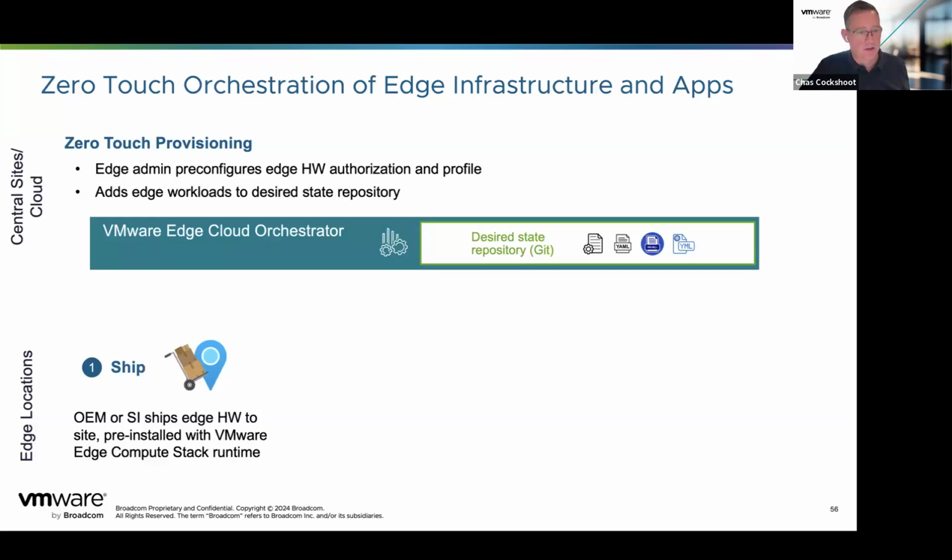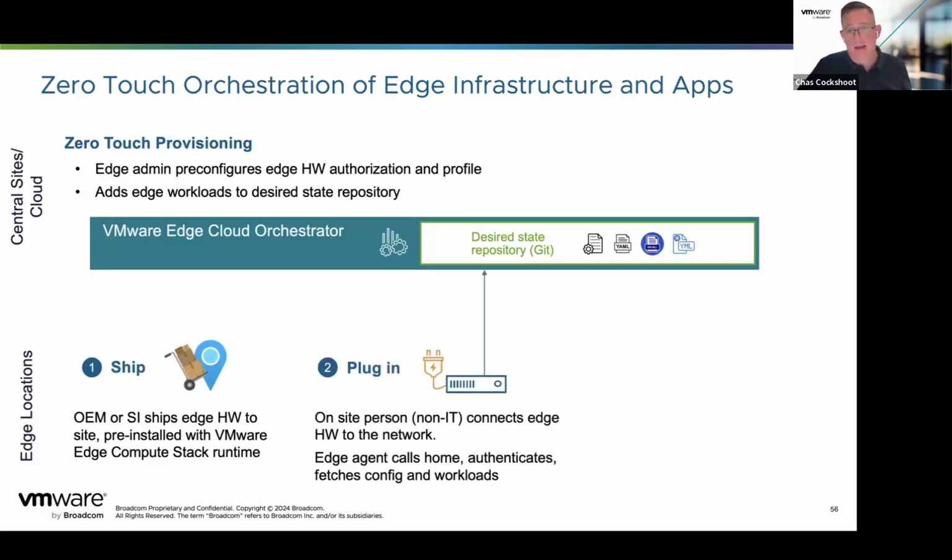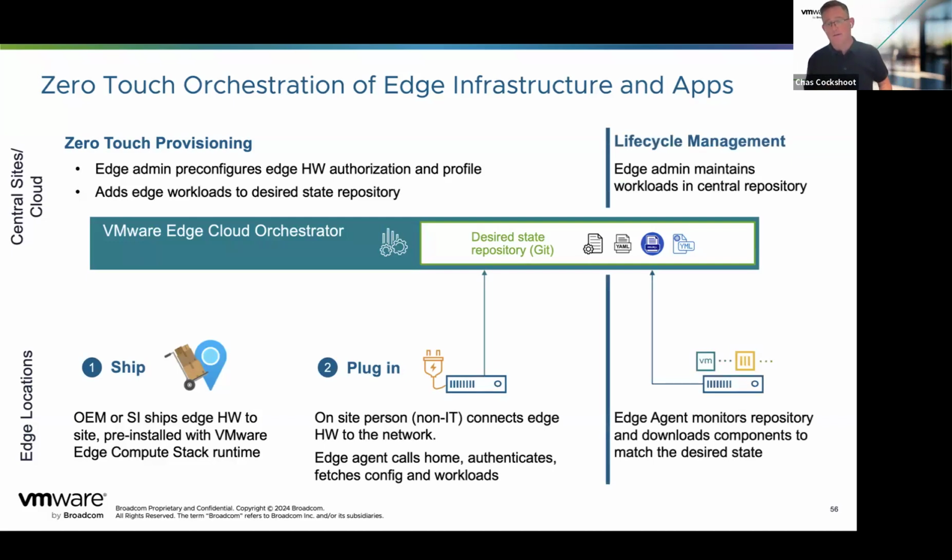Again, cost and efficiency. Plug it in. It connects and registers. It's only using an outbound connection, HTTPS, so we can do it over public networks, unsecure networks as needed. It calls home, authenticates, gets config, downloads the workloads. And then post that initial provisioning, you can use it for lifecycle management and onwards.